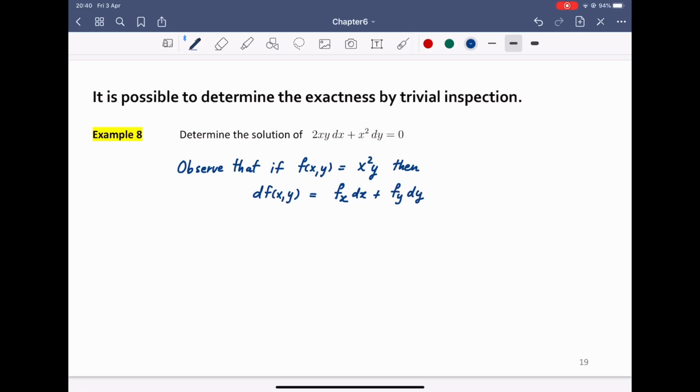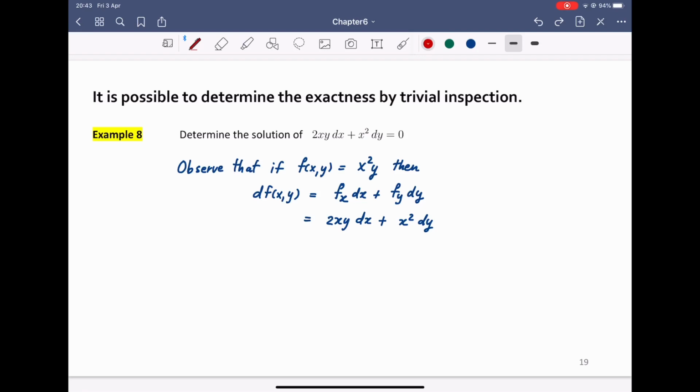For this question, the derivative of x squared y with respect to x is 2xy dx, plus the derivative of x squared y with respect to y, which gives you x squared dy.